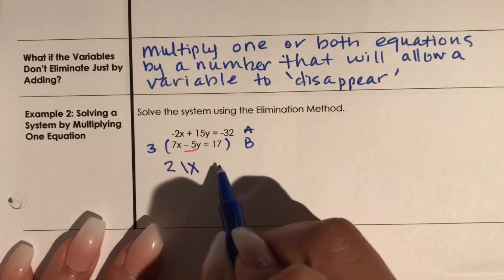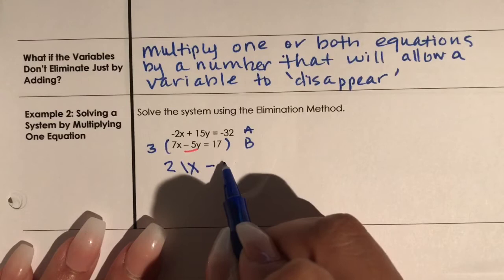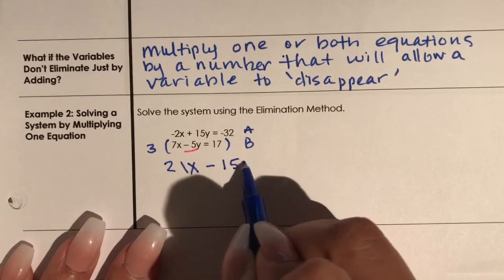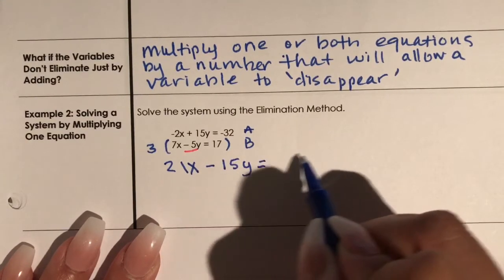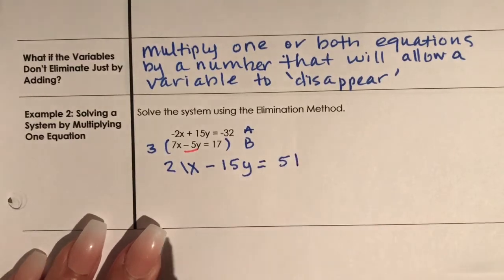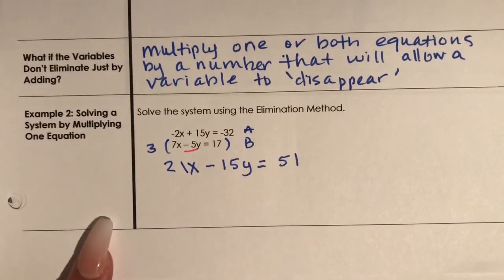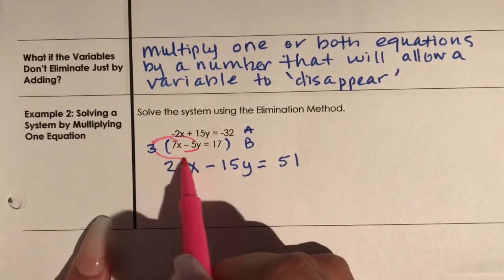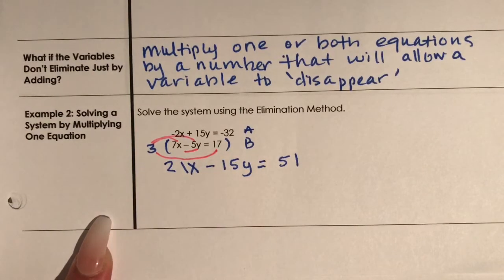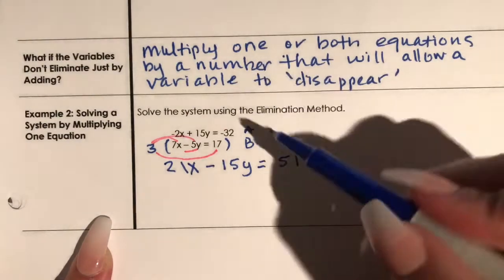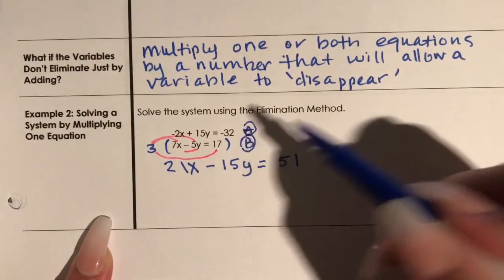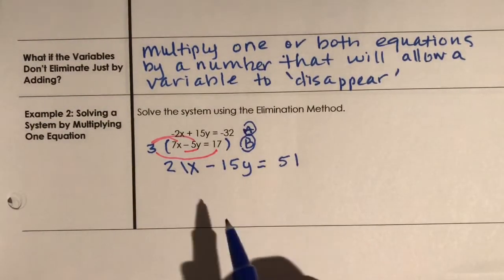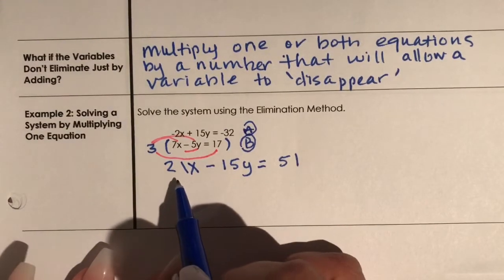My new equation is going to be 21x minus 15y equals 51. I got this by multiplying 3 to each term in equation B. So this is my new equation B. I'm going to rewrite A right underneath it.